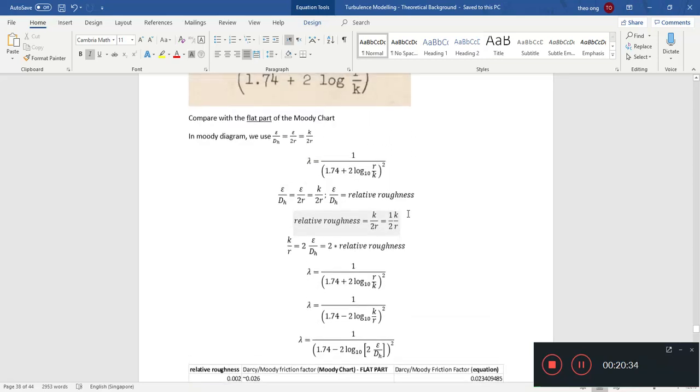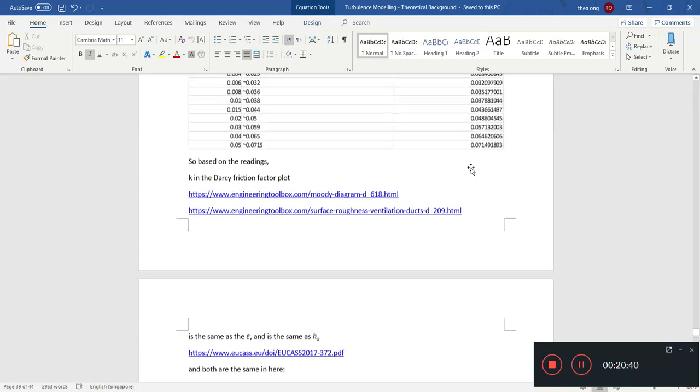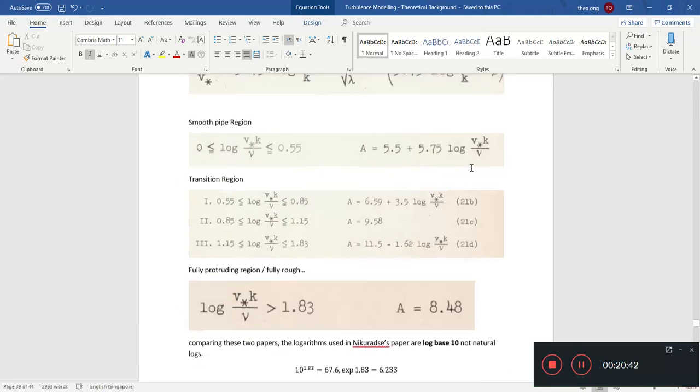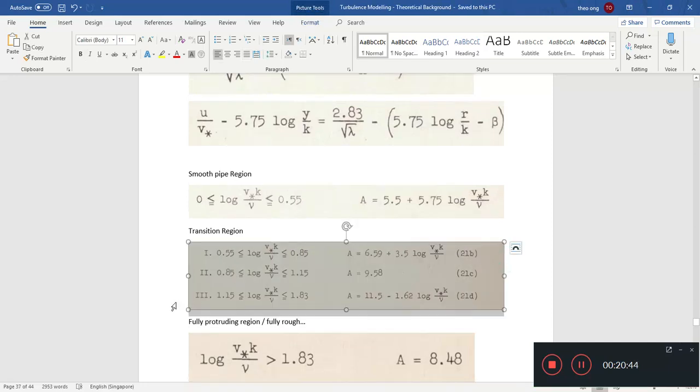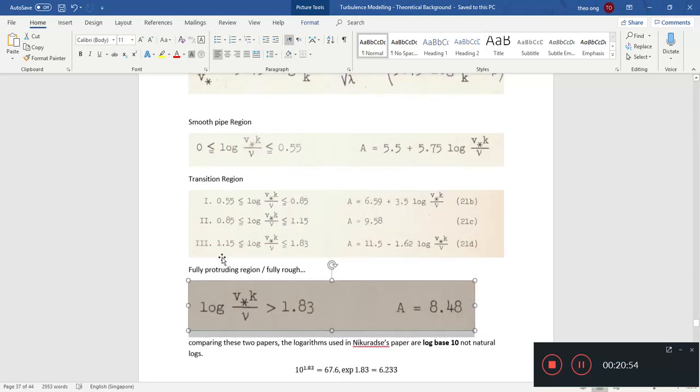Surface roughness does play an effect in the law of the wall, especially for this transition regime. You see this transition regime they're talking about here, where increasing Reynolds number will cause the effect of roughness to increase, and of course in the fully rough region, increasing Reynolds number doesn't really matter.